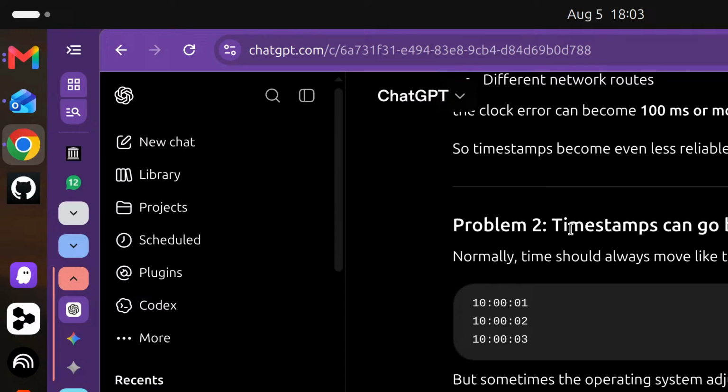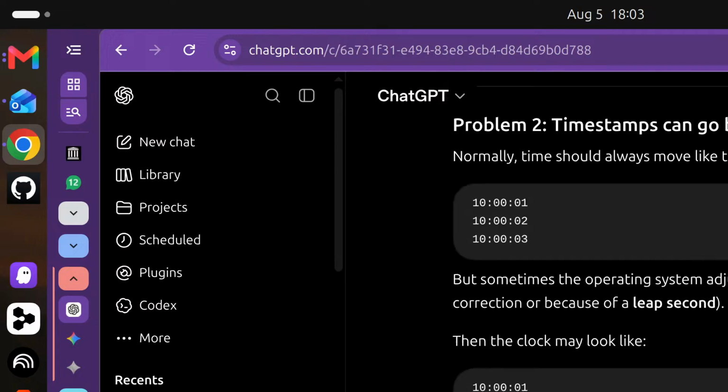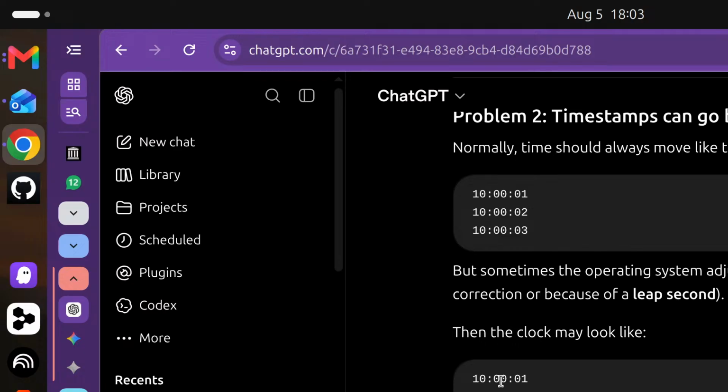Problem 2: timestamps can go backwards. Normally time should always move forward, like from 01 to 02 to 03. But sometimes the operating system adjusts the clock, for example after an NTP correction or because of a leap second. Then the clock may look like 10:01, 10:02, 10:01, 10:03.